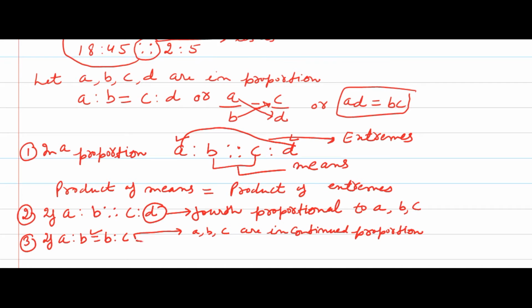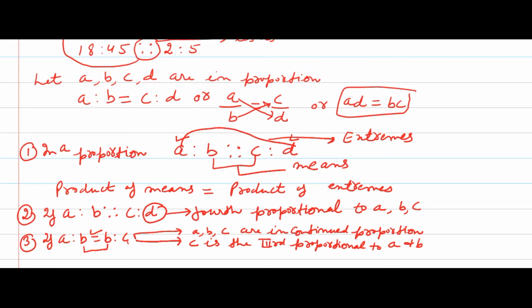Second, C is the third proportional to A and B. See here, these two B's are the same, right? So that's why C is the third proportional to A and B.